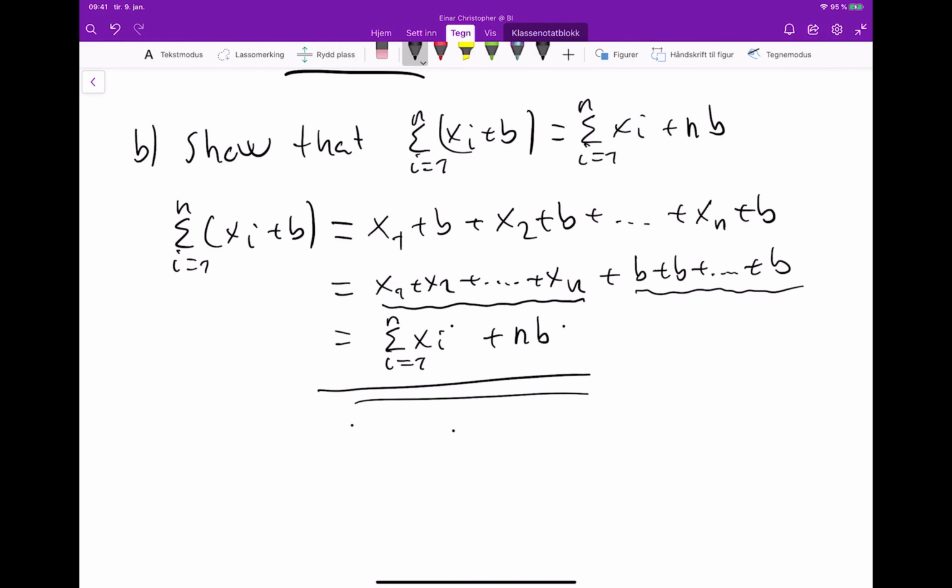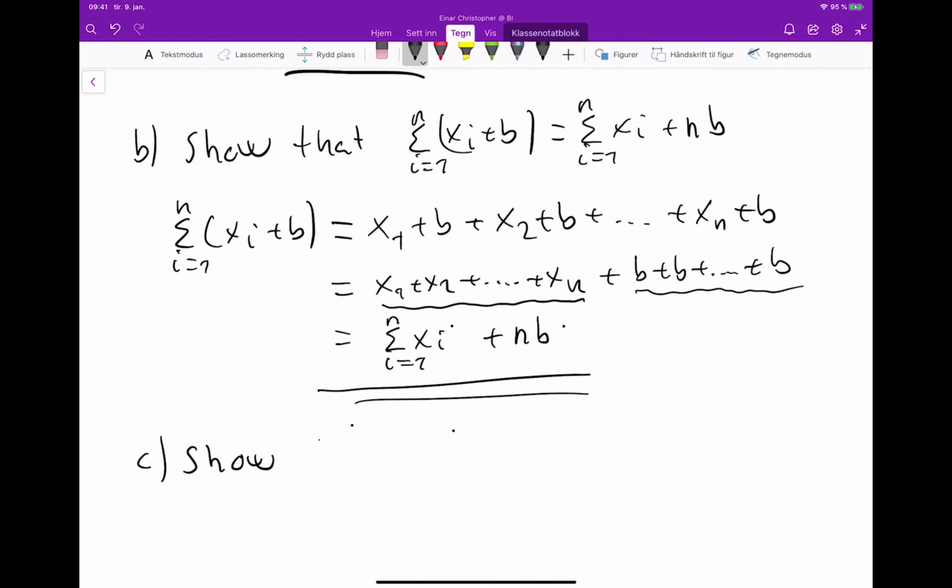Let's then go to C. And in C, it's again pretty much the same. So it's good training.